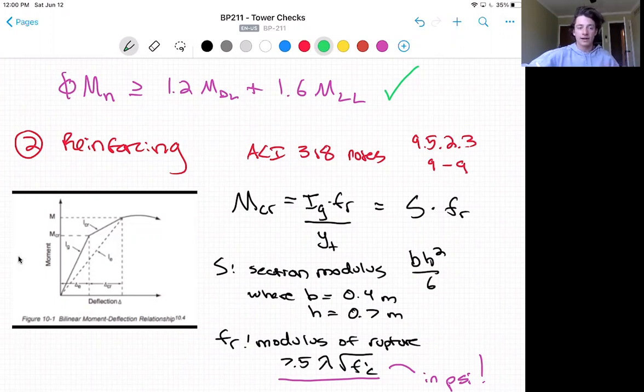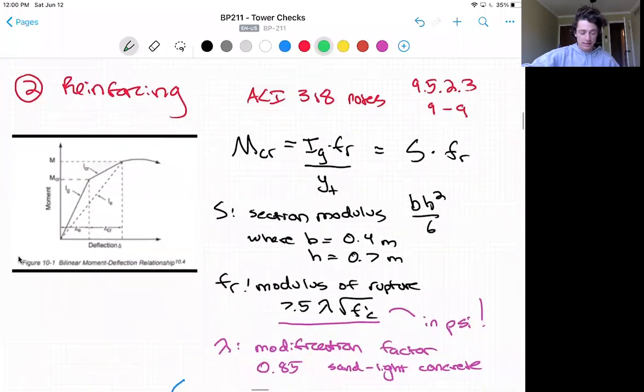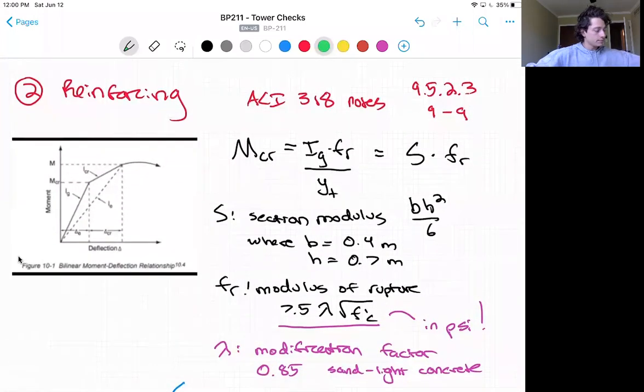And then we can convert back to megapascals. And lambda is a modification factor, and we'll take that as 0.85 for sand lightweight concrete.